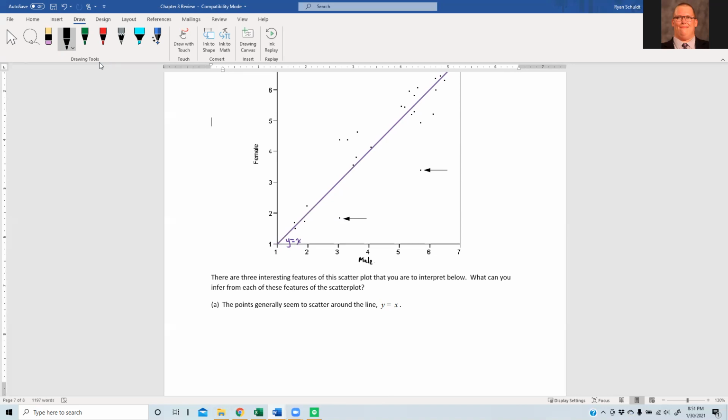There's two that aren't, but for the most part, boys and girls rated them about the same. So let's comment on that down here.